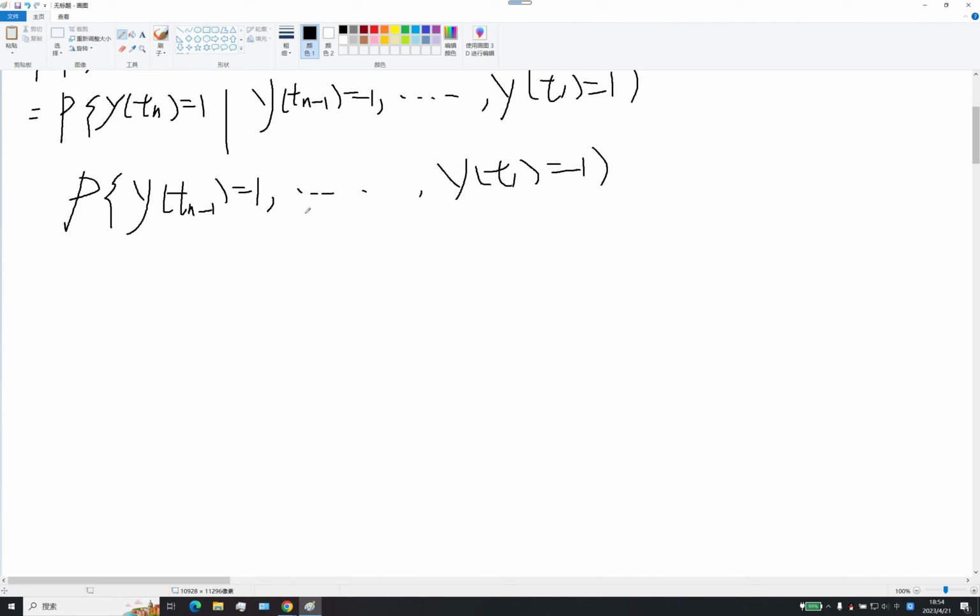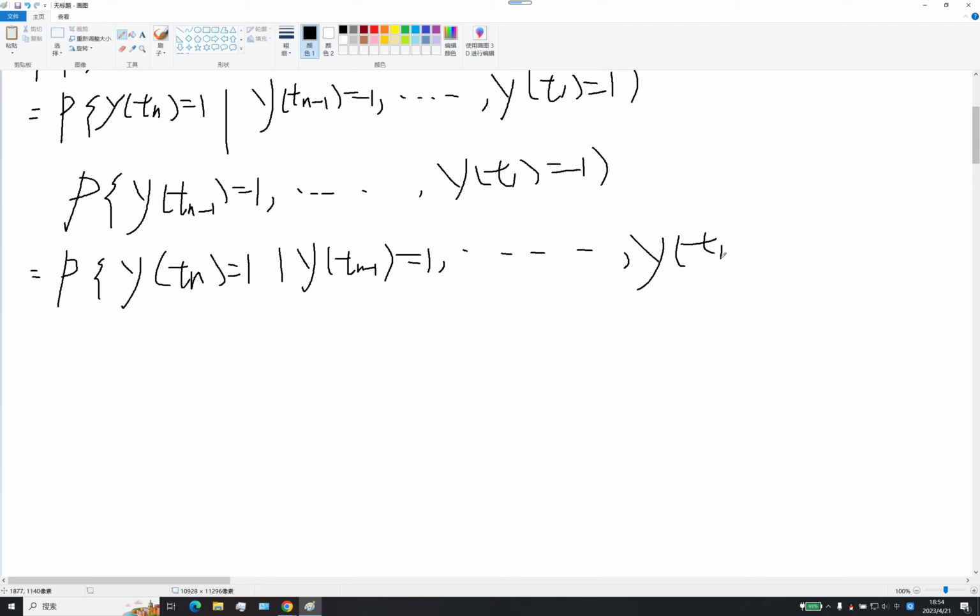All of them can also be written in the conditional form, which is P(y(tn) = 1, y(tn-1) = 1, and so on, and y(t1) = 1).